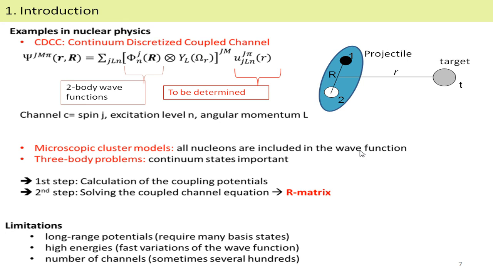So you need a basis to describe this fast variation of the wave function. And another limitation comes from the number of channels. So the number of indexes here, J, L, N, may be sometimes several hundreds. So you have a system with many coupled channel equations, and this is a numerical challenge.